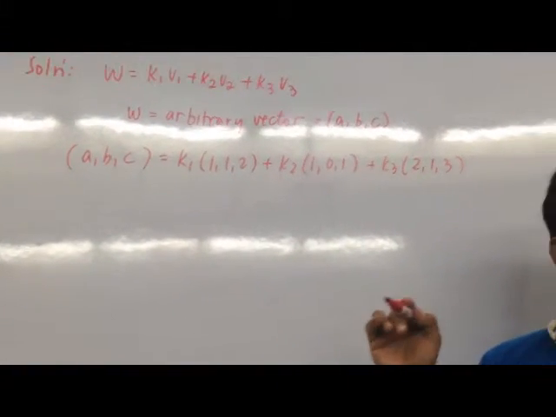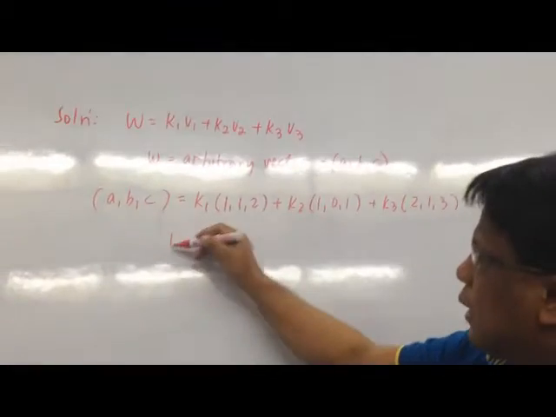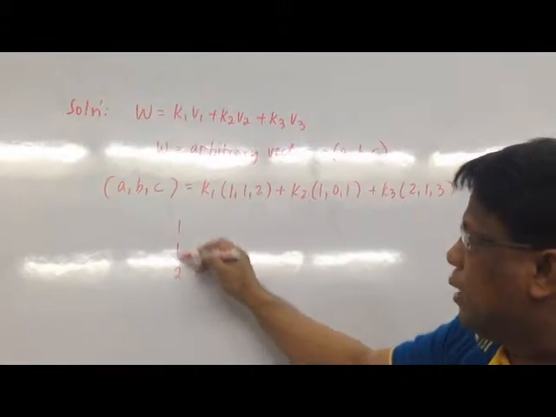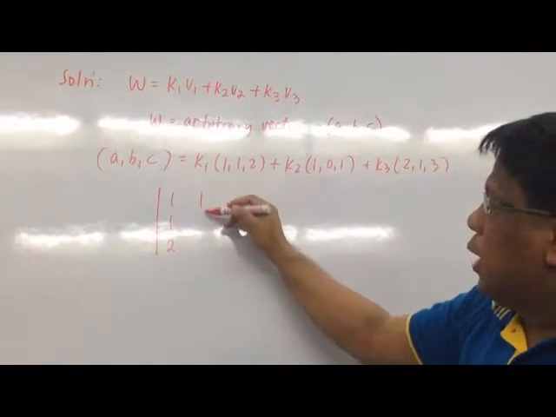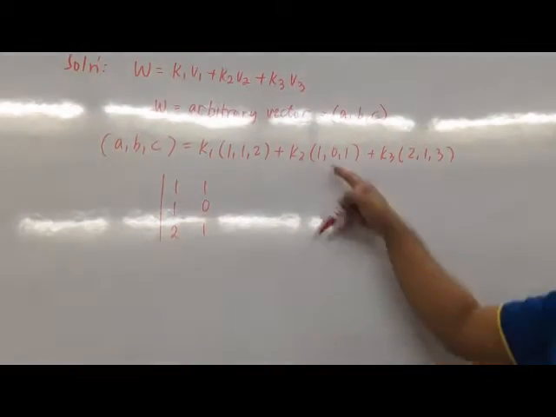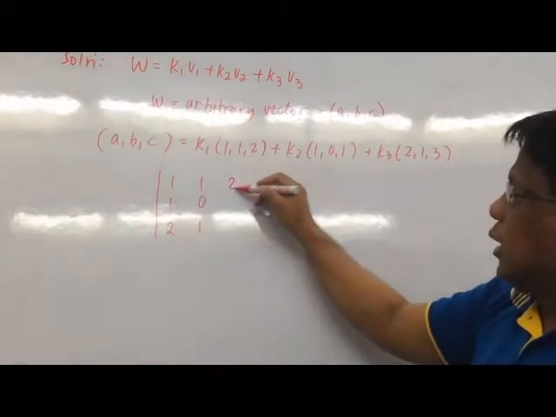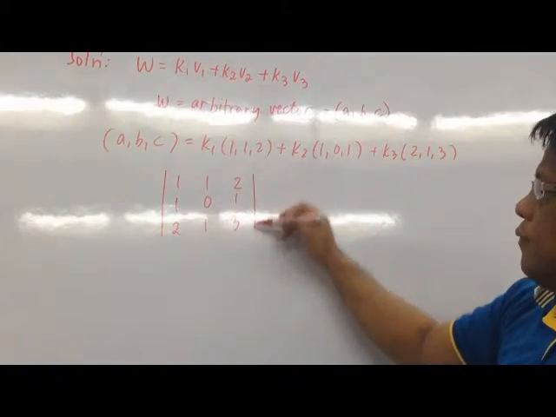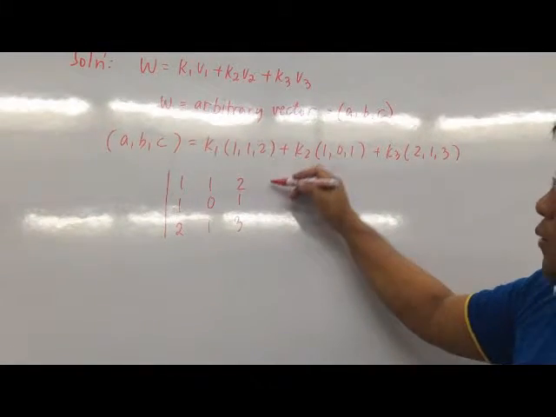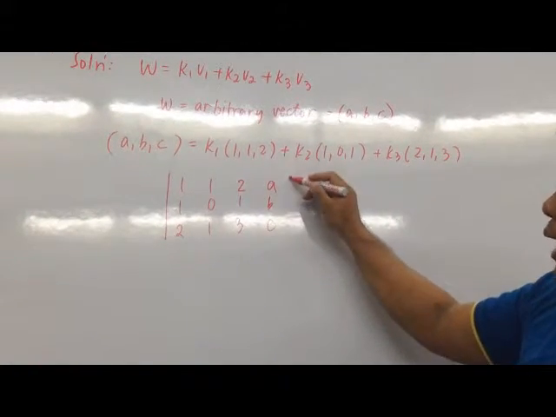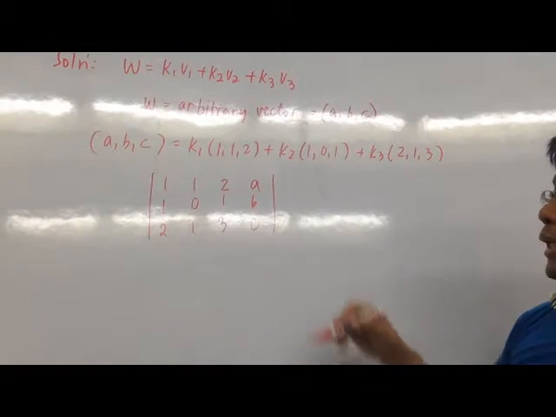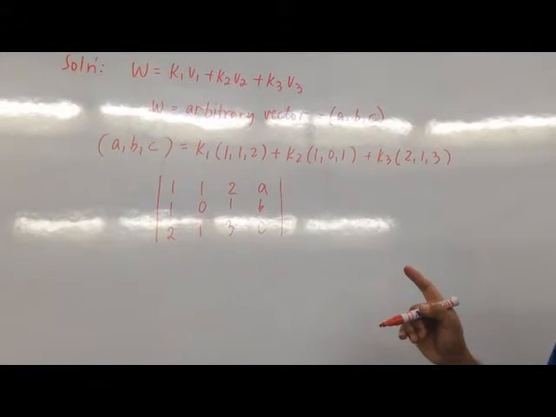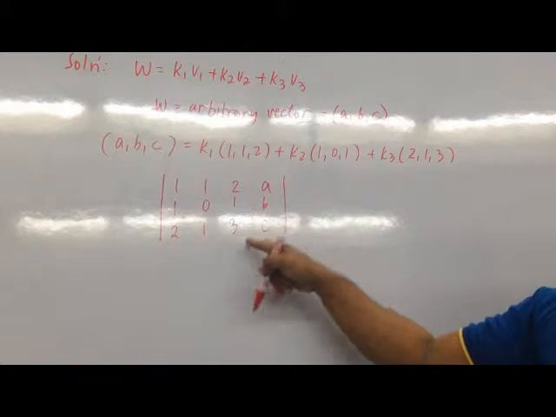Okay, so again, we form a matrix from here, class, having the first column 1, 1, 2, and then 1, 0, 1 for our second column, then the third column is 2, 1, 3, then the last column, class, is now A, B, C.